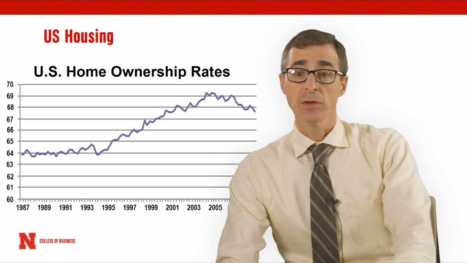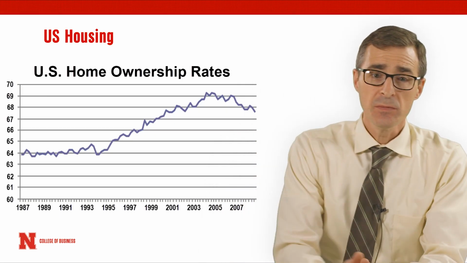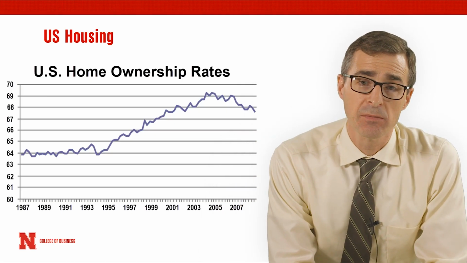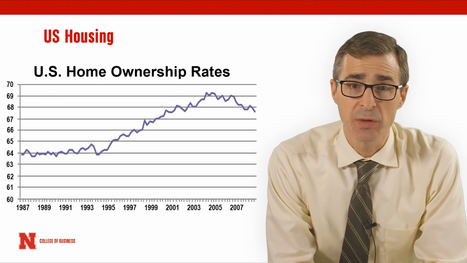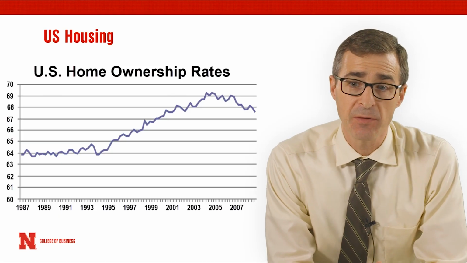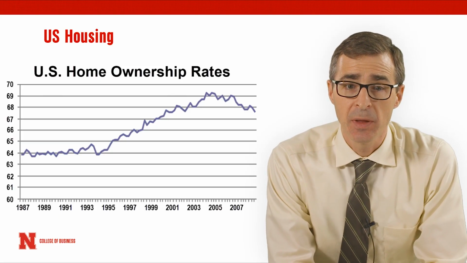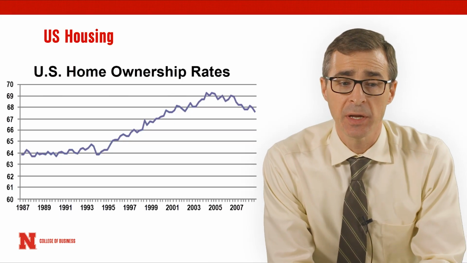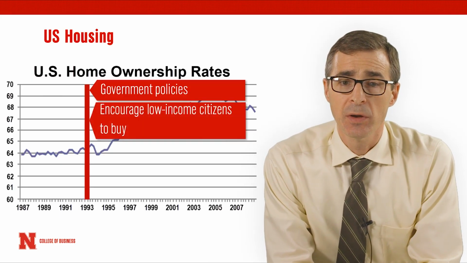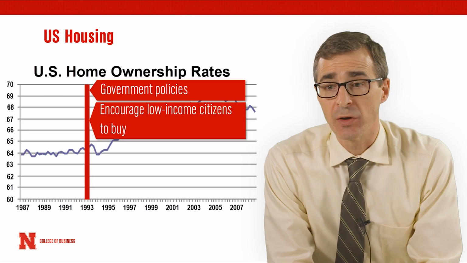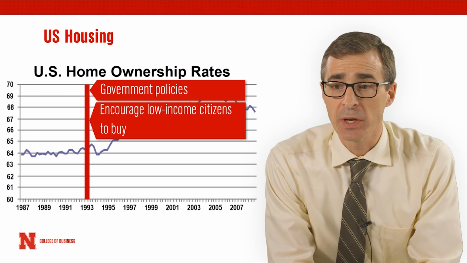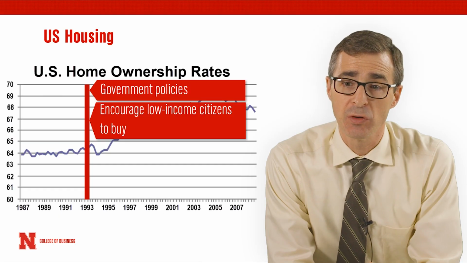For instance, the U.S. housing market experienced a dramatic bubble in the late 2000s. Between 2004 and 2007, that market peaked. Now, this was in part because in 1993, the United States government began encouraging, or put in place some policies encouraging, a number of low-income individuals to buy houses.